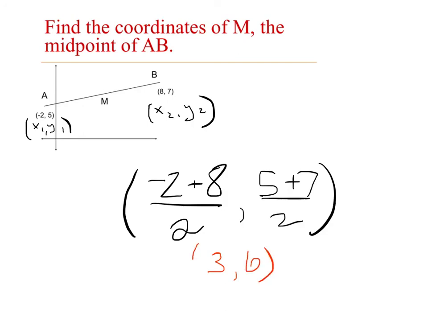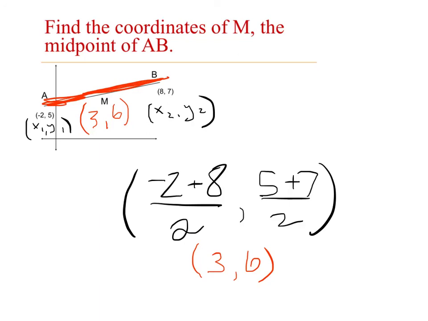And so our coordinate M is at 3, comma 6. And if we examine that line segment AB, which I'm outlining here in red, it makes a whole lot of sense. And it's very logical that that point M would lie at the point 3, comma 6.